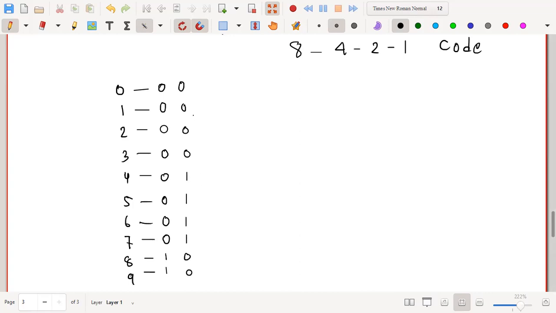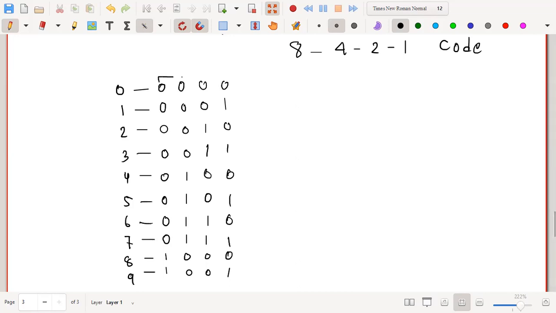In the 2 column, 2 zeros and 2 ones, again 2 zeros and 2 ones. And in the last column, alternate 0 and 1: 0 1 0 1 0 1 0 1 0 1.